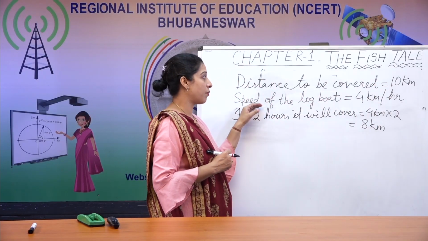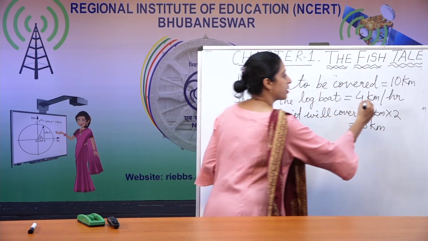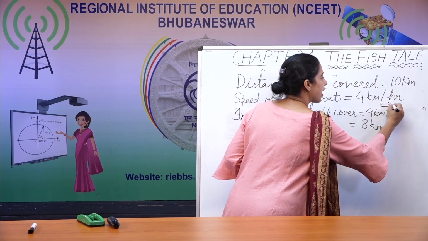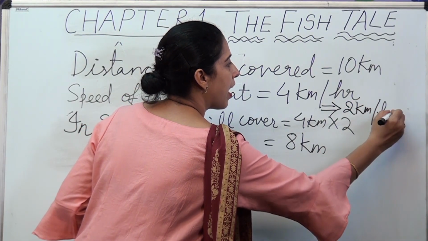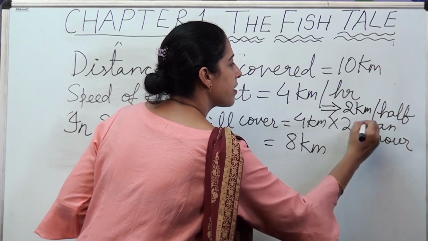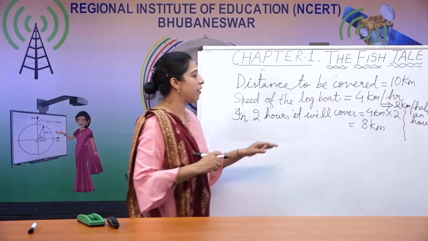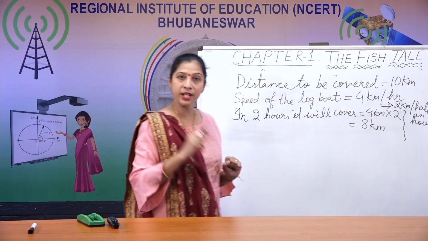If the log boat is going 4 kilometers in 1 hour, how much distance will it cover in half an hour? That means it will cover 2 kilometers in half an hour. Half an hour, that is 30 minutes. So now 8 kilometers is covered in 2 hours and another 2 kilometers is covered in half an hour.